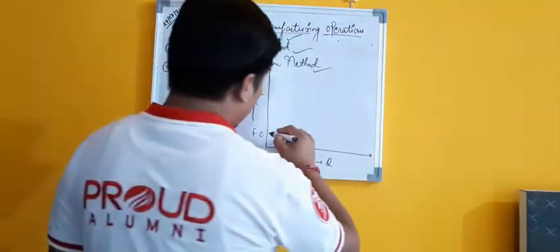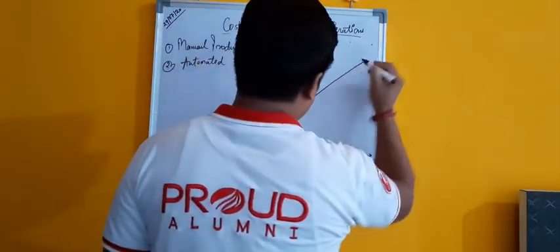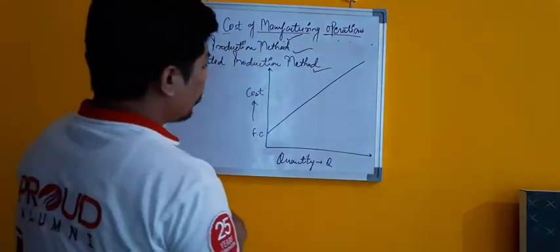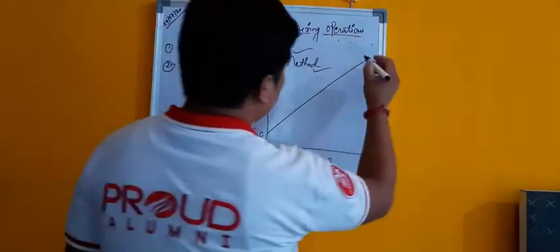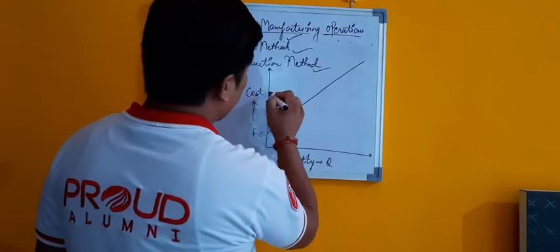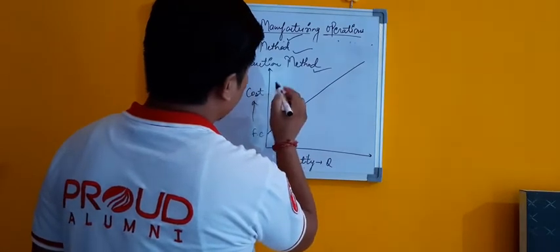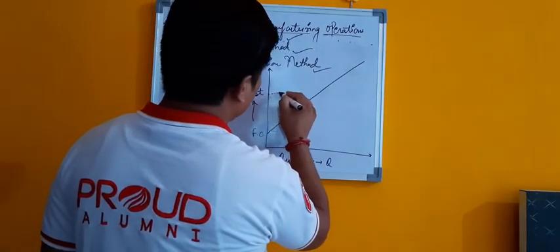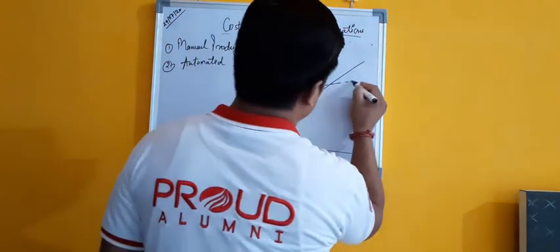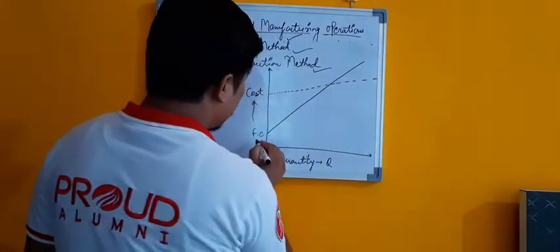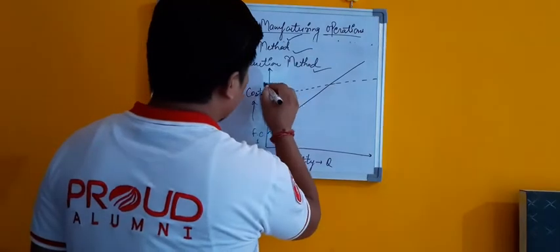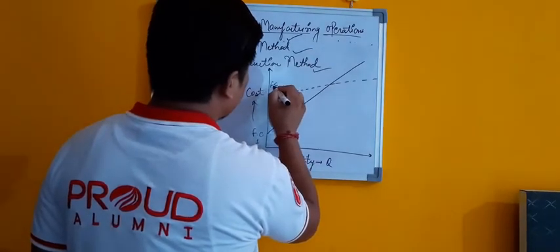Okay, so it will go like this, and this is for your automated production method. Suppose this is FC1 and this is FC2.